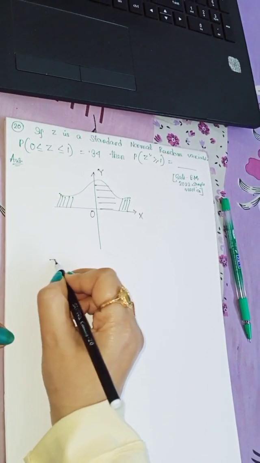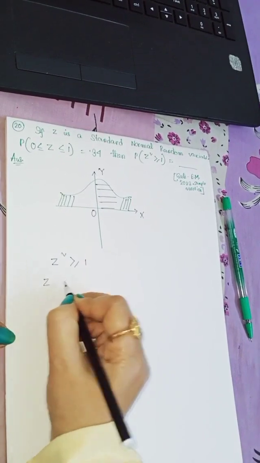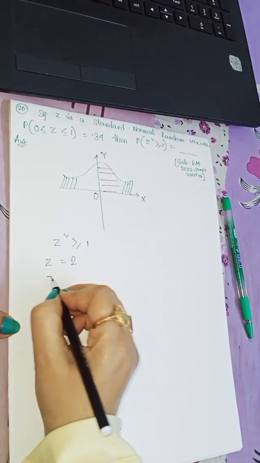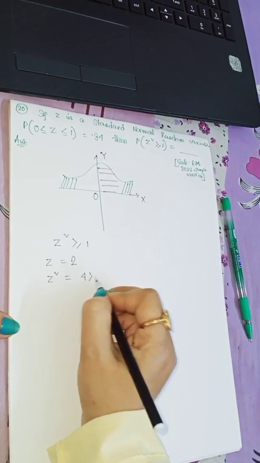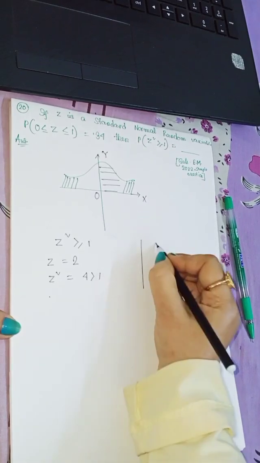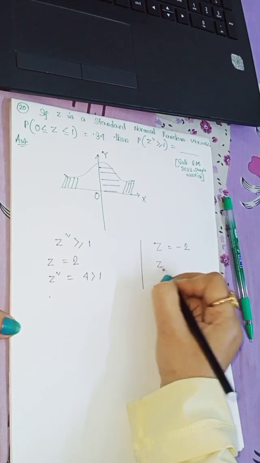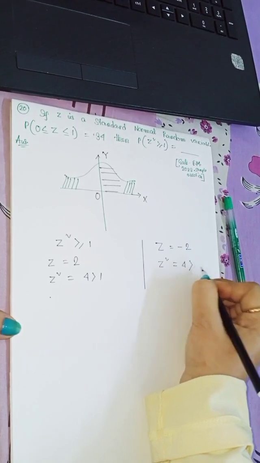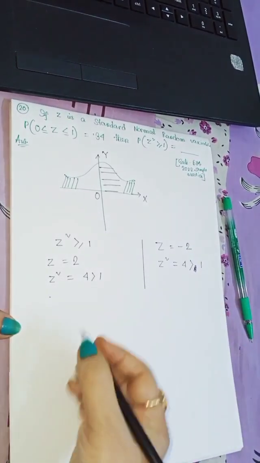Okay, so now Z square is greater than or equal to 1. If we let Z equal 2, then Z square is 4, which is greater than 1. Again, if we let Z equal minus 2, then Z square is again 4, which is greater than 1.